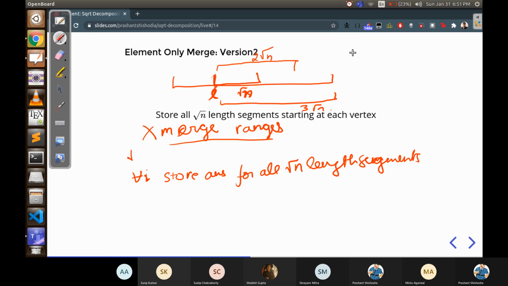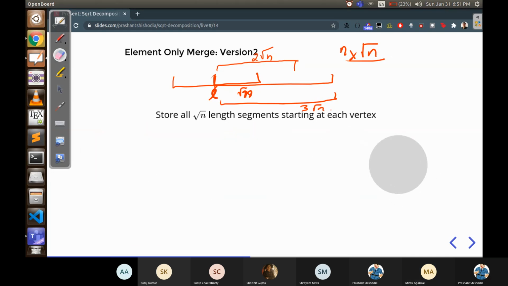So for each index you will just store the answer for root n segments, right? Okay. Could anyone realize that it's not so much of a change from usual square root decomposition, but it's so powerful.